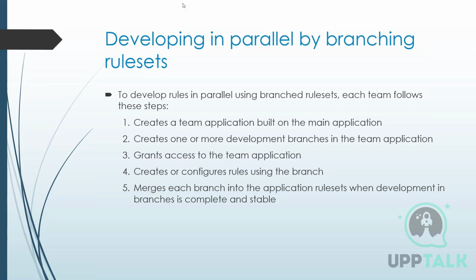Grant access to the team application. Providing the necessary access is important. Initially developers will only have access to the main application, correct? But now, as you have separate team applications, provide access to the team applications. Instead of just the main, also provide access to the team application.